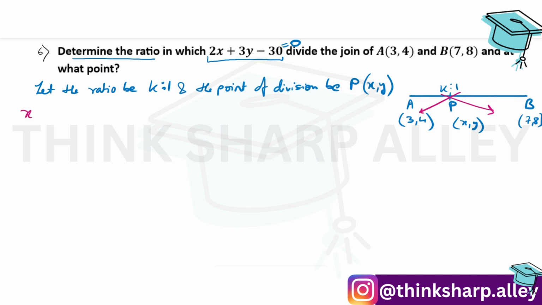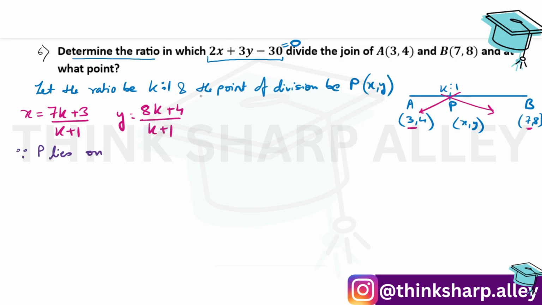So x is equal to, remember, x coordinate only, 7k plus 3 by k plus 1, and y is equal to 8k plus 4 by k plus 1.